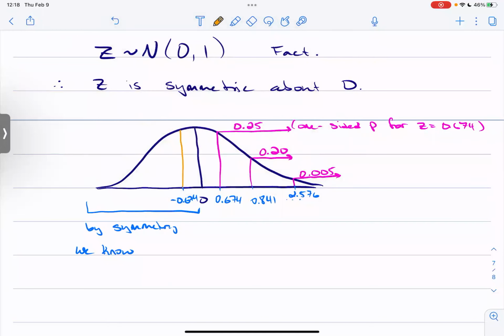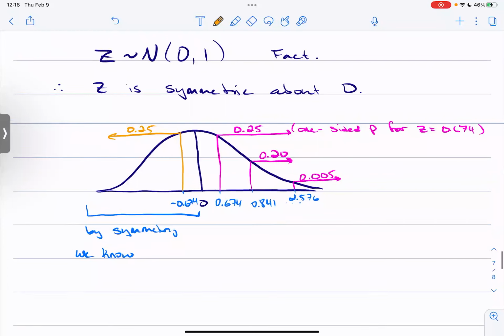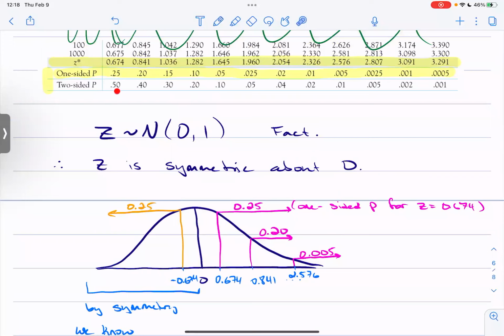Then I know that this area in the tail is also 0.25. Which is where the two-sided P comes from. If I look at the area of both tails together, it's 0.5; 0.25 and 0.25 makes 0.5. So you don't really need the two-sided P. It's just there because why not?